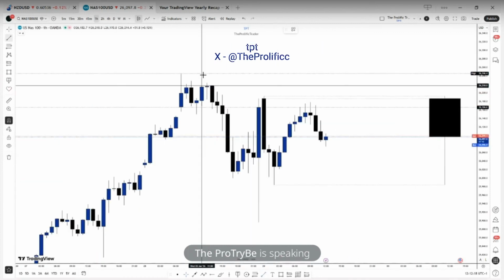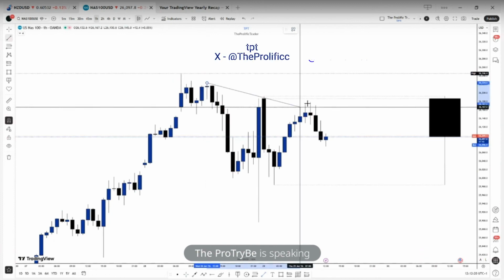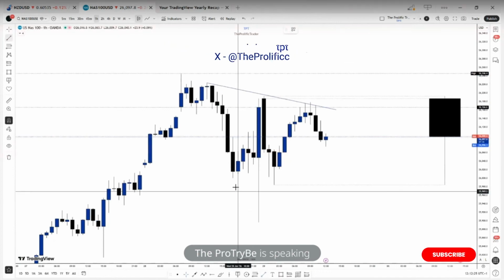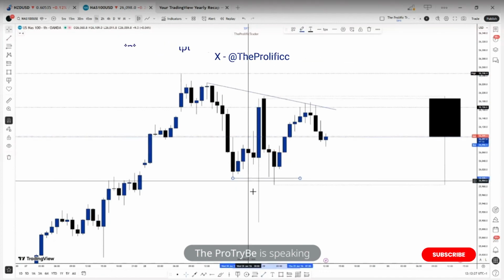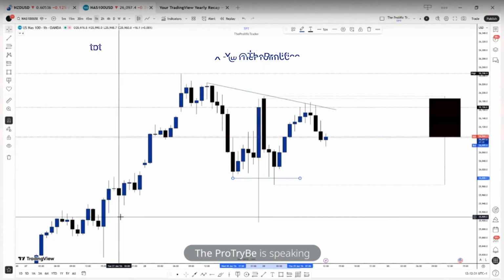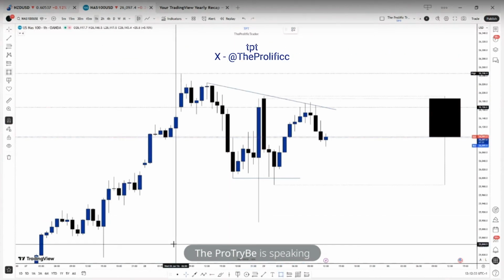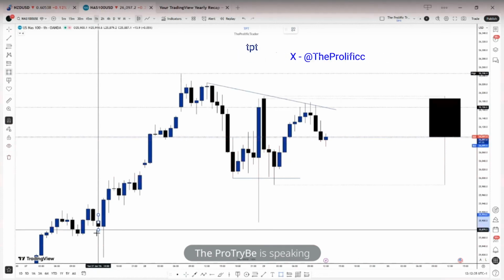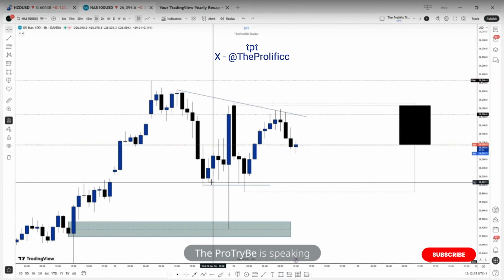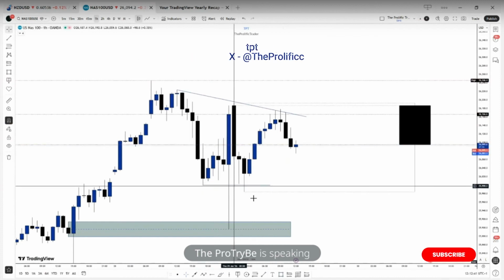Let's see what this is. I'm not going to mind this guy. Why? This guy just came to raid everybody right here and is reacting from this area. So I'm just going to mind here the strong support zone. What do I expect? I expect this.